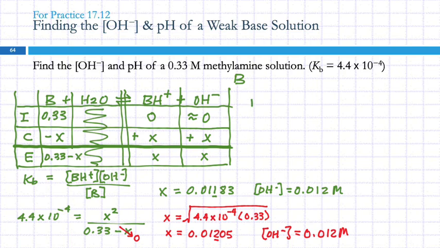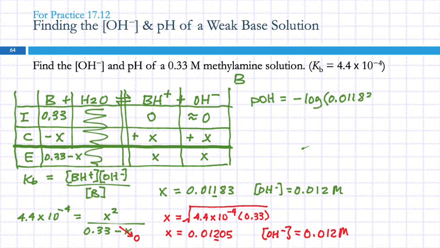So pOH is the negative log of our concentration. Don't use the rounded value here.